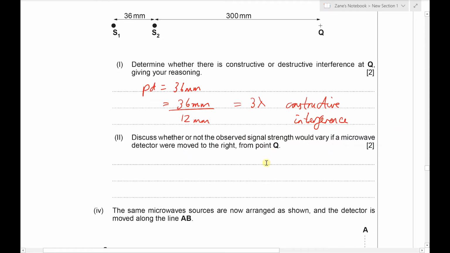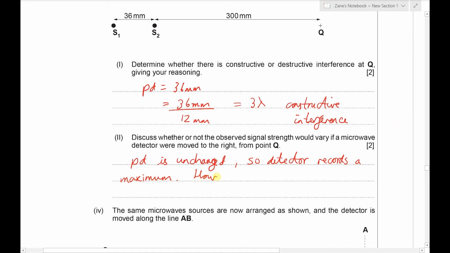Next we've got to discuss whether or not the signal strengths observed at Q would vary if the detector were to move to the right from Q. Well, as I mentioned earlier, the 300 millimeters is a red herring because the path difference is still 36 millimeters. So the detector will record a maximum. It's still constructive interference, in other words.